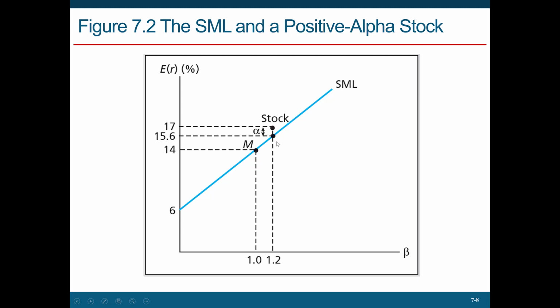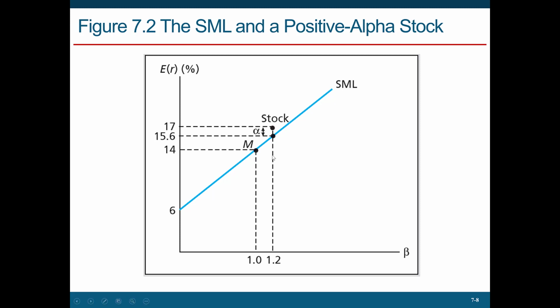Negative alpha would basically have its forecast plotted below the security market line, right? So if, let's say, you forecast, for example, that this security is going to earn a return of 12%, right? The fair return based on CAPM is 15.6. So what's the alpha in this case? 12 minus 15.6. Your forecast minus the CAPM expected return, and that is negative 3.6%.